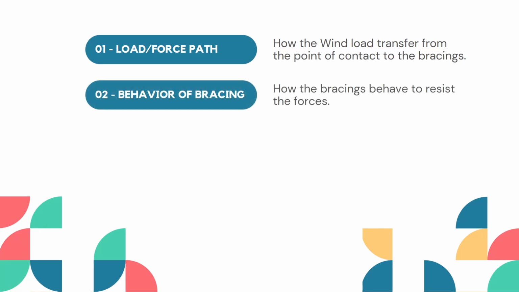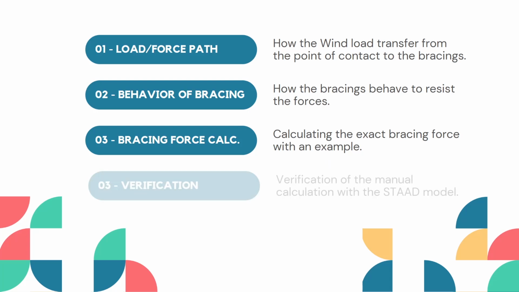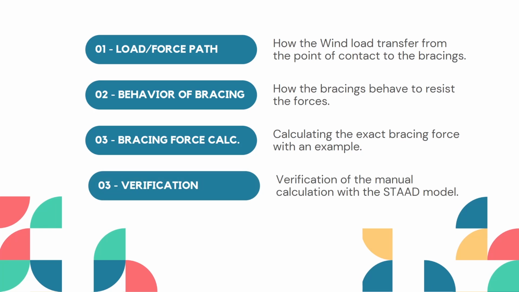This session is mainly about how the bracings behave to resist the force upon the application of the wind load. The third session is going to be bracing force calculation, a manual calculation with an example. And finally, we are going to verify the manual bracing calculation which we did with the STAAD model. In addition, we have a bonus content in between the sessions as well. So stay tuned.